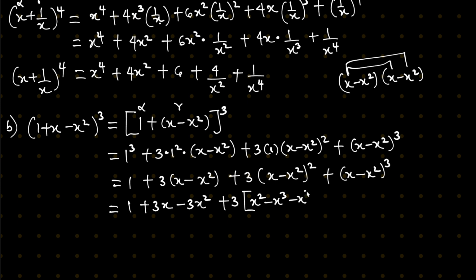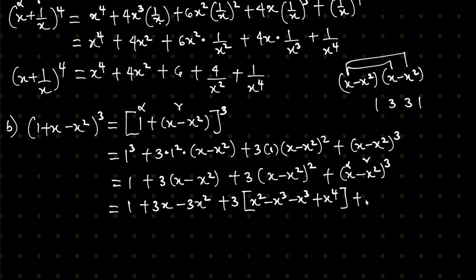Then we have minus x cubed plus x to the power 4 plus, now we can use the binomial, the Pascal's triangle again to expand this. Remember that the Pascal's triangle for this is 1 3 3 1, so we can still use this as alpha and we can do this as gamma.